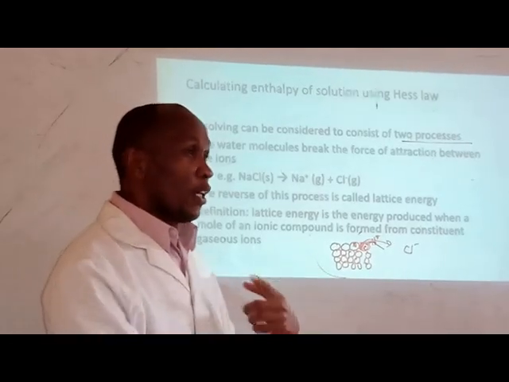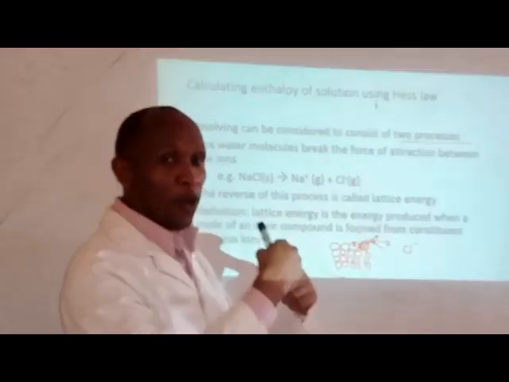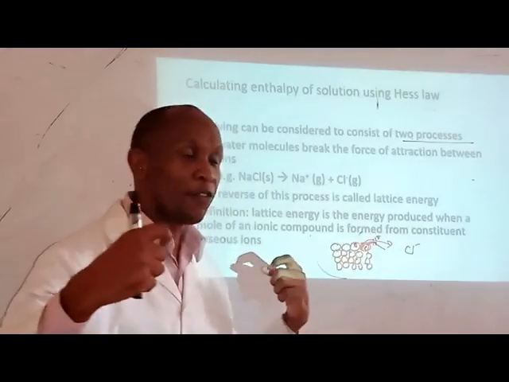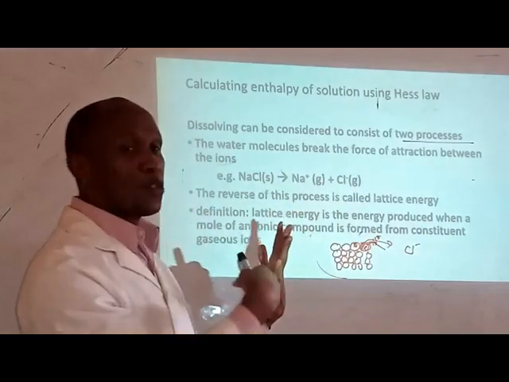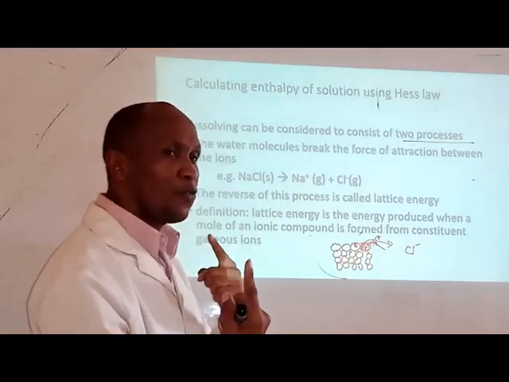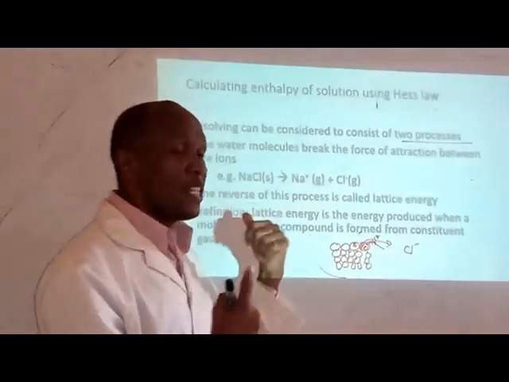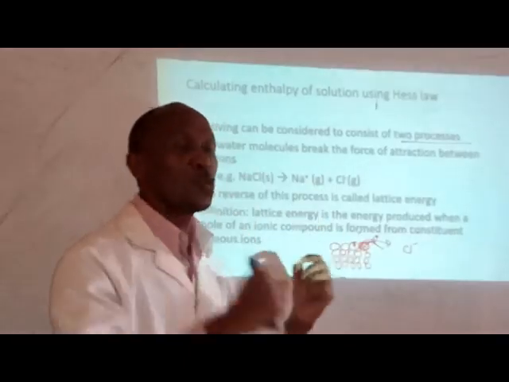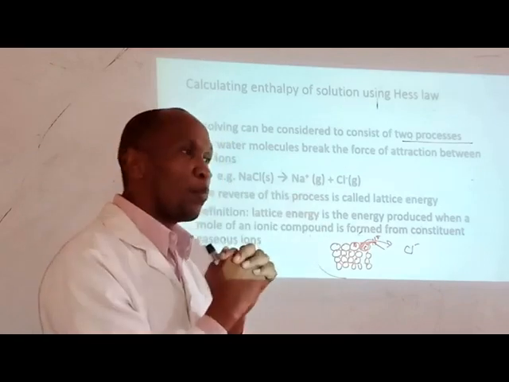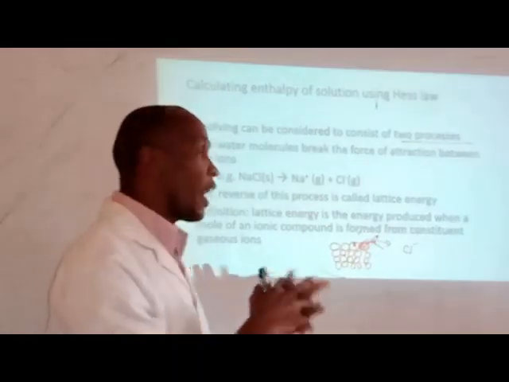In this case we are not forming, we are breaking the force of attraction, but by definition it is supposed to be the other way around. So that should not confuse somebody, because lattice energy is always going to be given as negative.